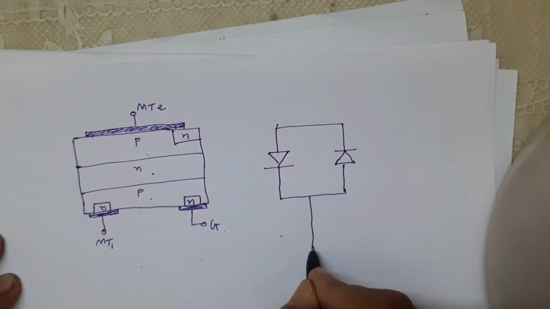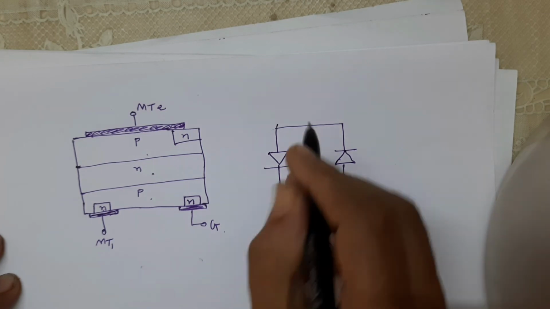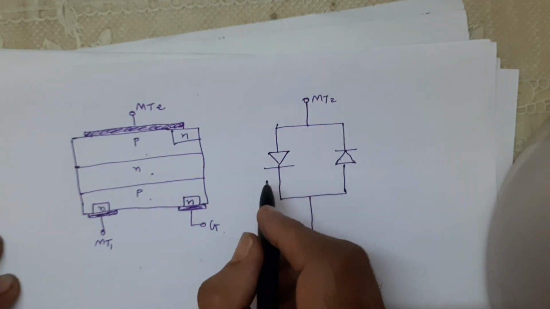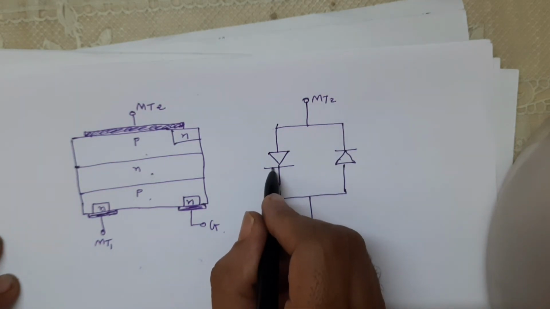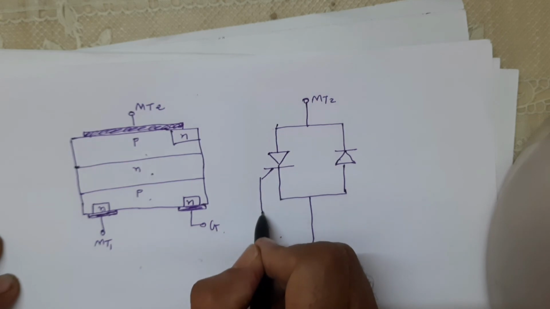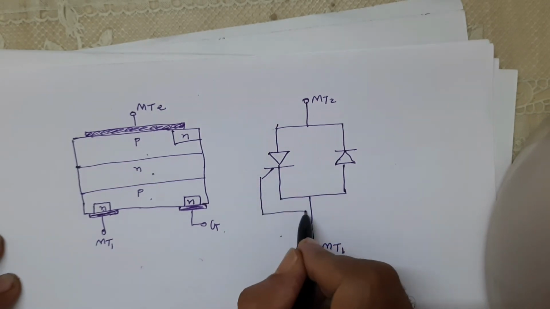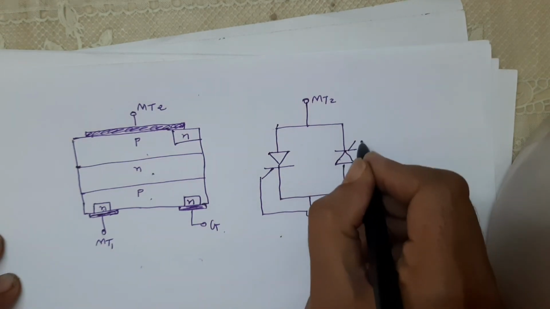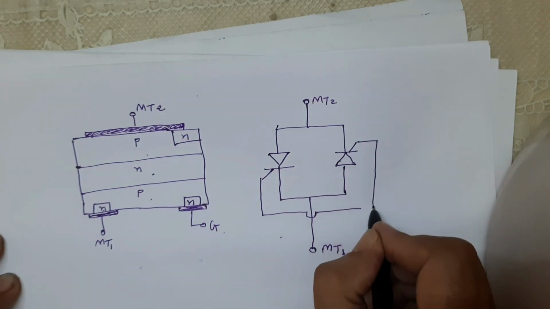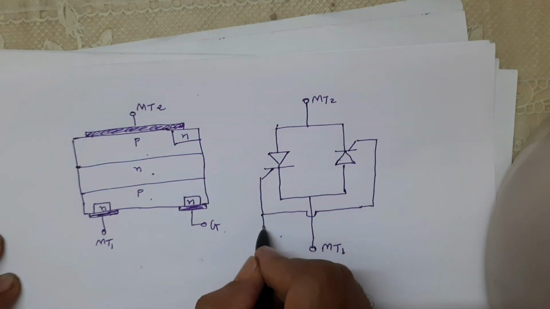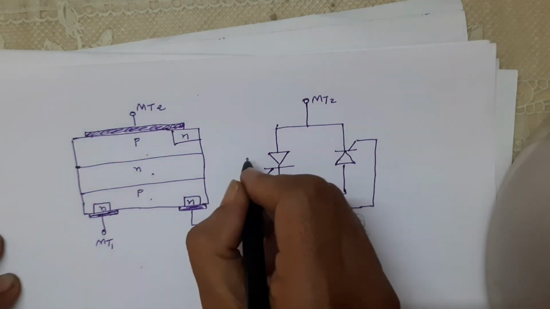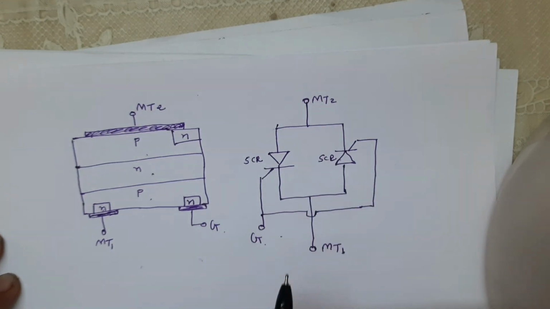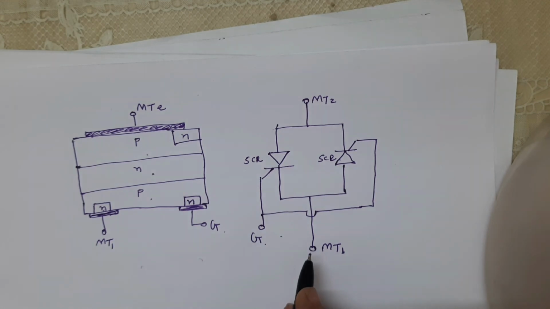Then this is your MT1, this is your MT2, and the gate of both the SCRs is common. This is your gate. This is your SCR1, this is your SCR2, MT1, MT2 and gate.